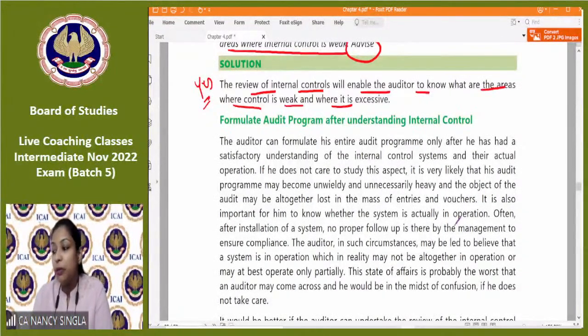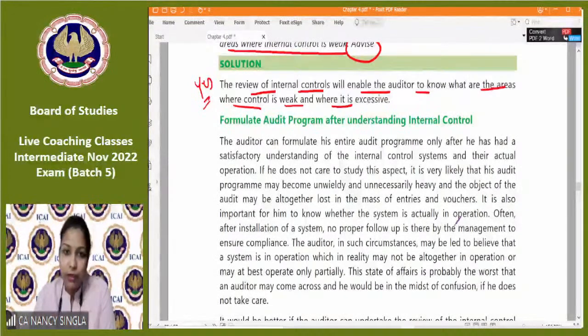When I asked you about the audit program, what did I ask? That if I start preparing an audit program without understanding internal control, what will happen?